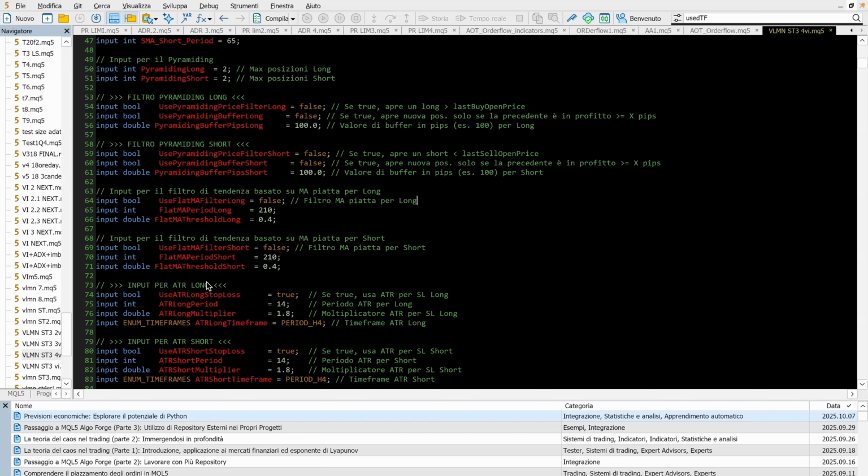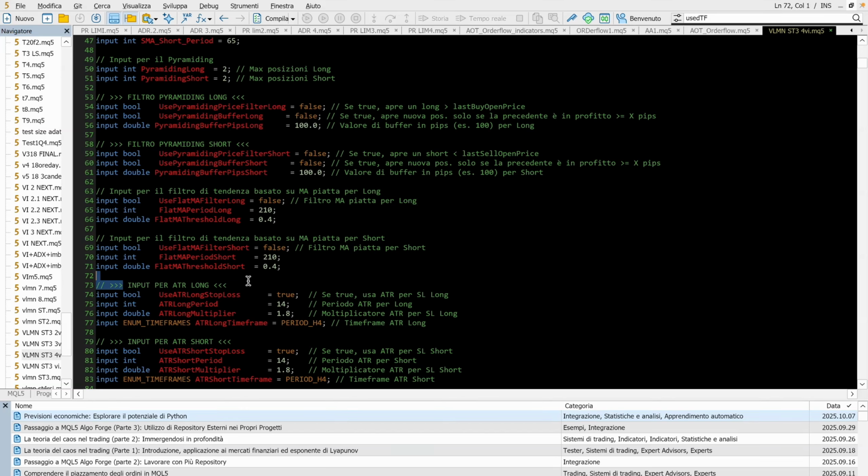You can see this here, input for long ATR. And what that means, the stop loss of my trades are based on the average of the previous 14 bars. So let's say from here, you count back 14 bars, okay, like that.